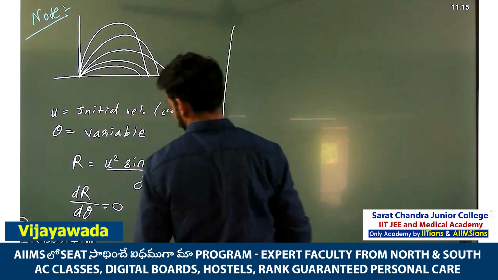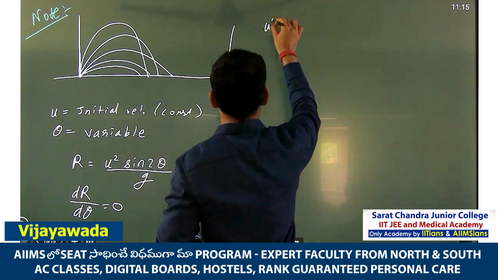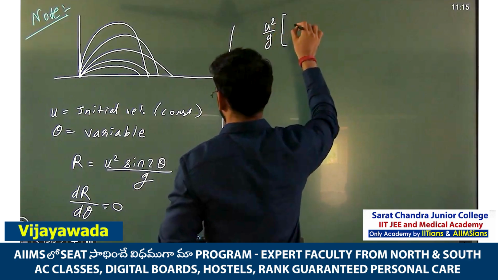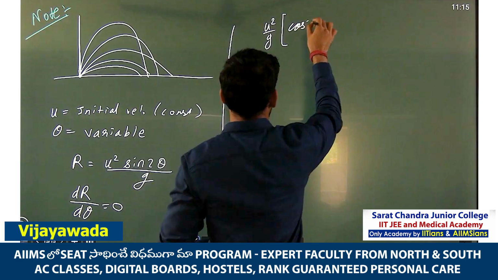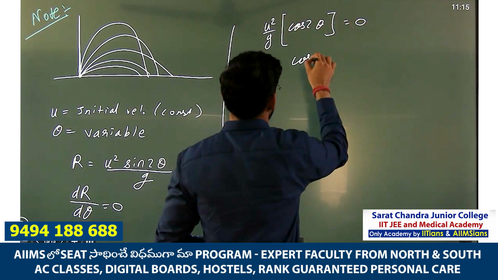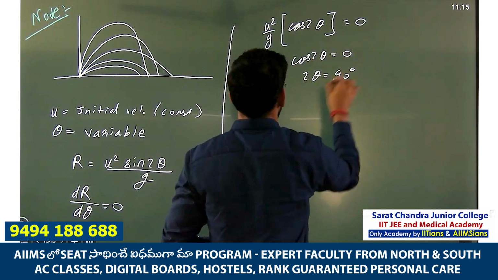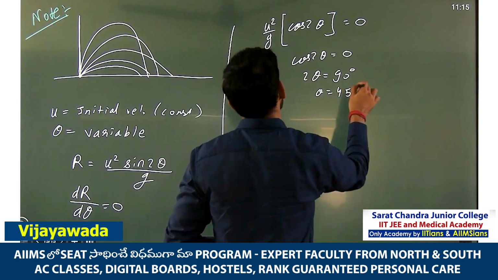So differentiate this: u square and g are constant, so u square by g stays outside. The derivative of sin 2 theta is cos 2 theta, and this should be equal to 0. These others are not 0, so cos 2 theta is 0. So 2 theta equals 90, theta equals 45.